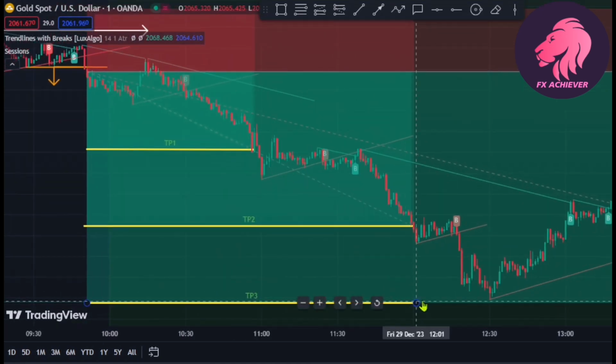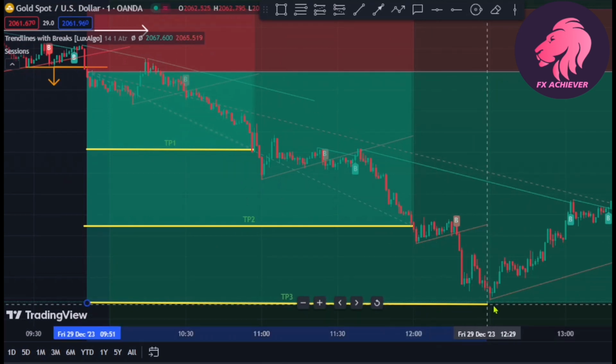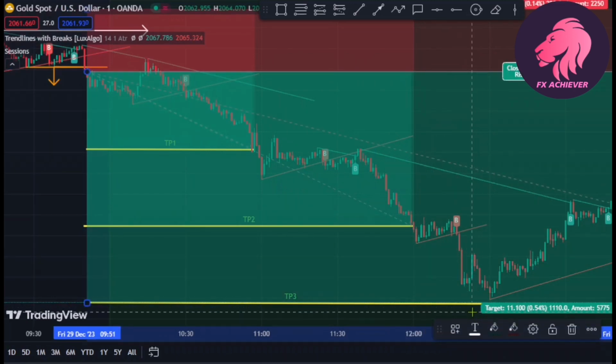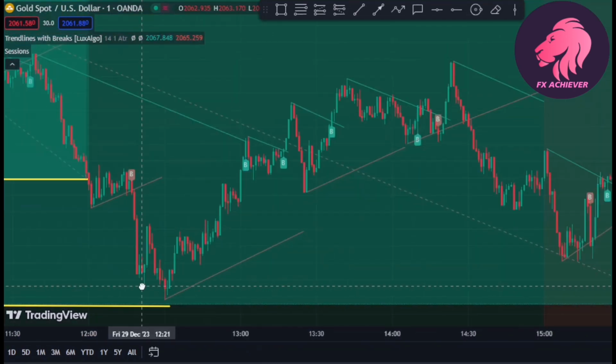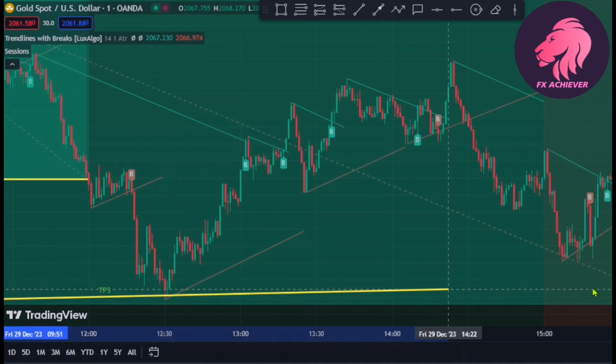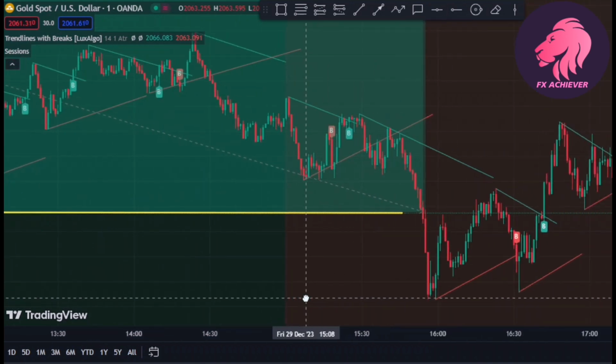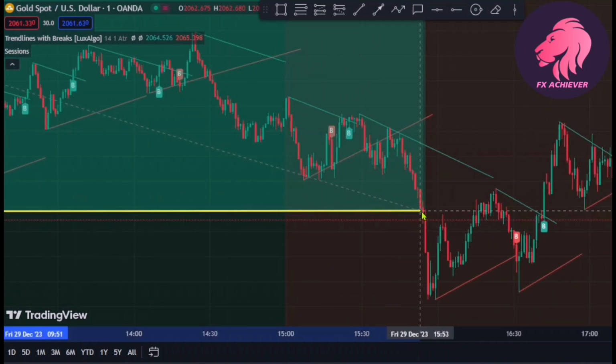And at this point here, you can see it nearly came to TP3, but it didn't hit the TP3, so it's fine. Let's proceed and see if TP3 was hit successfully. Finally, TP3 was hit here.